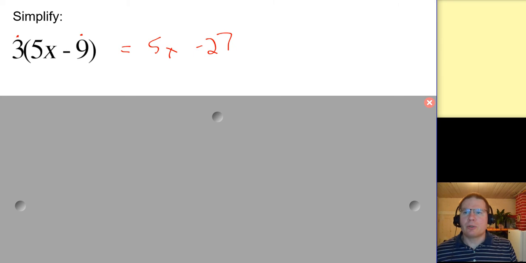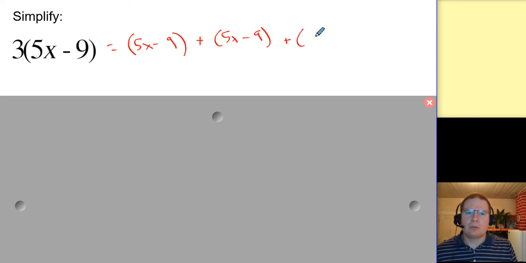If we remember what multiplication means, we're saying I have 5x minus 9 being added repeatedly. How many times? 3 times. So now I can combine like terms. 5x plus 5x plus 5x.